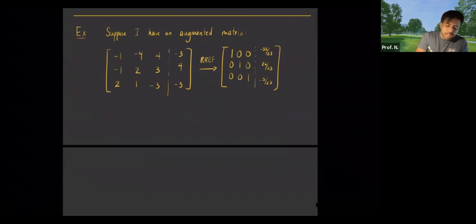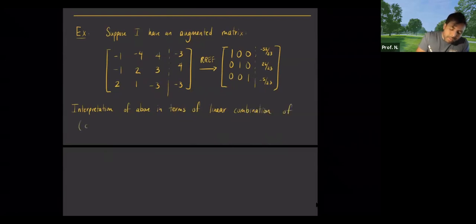What would be the interpretation of the above in terms of linear combination of vectors? I'm going to put in parentheses, column vectors, because we're talking about the columns.